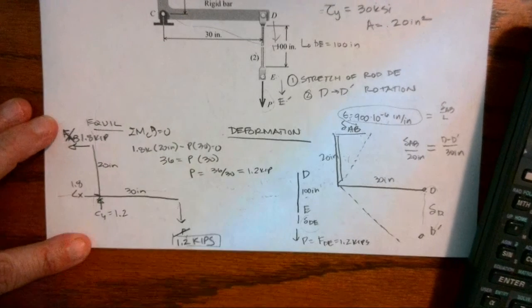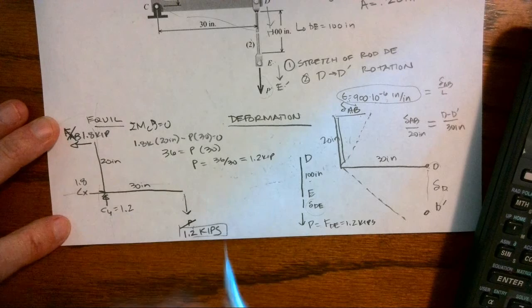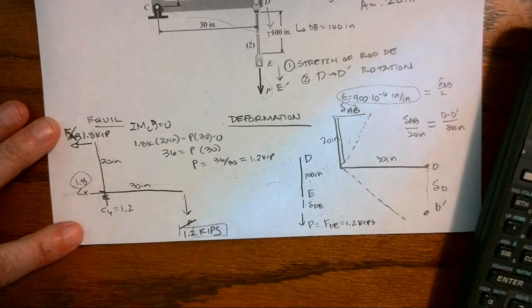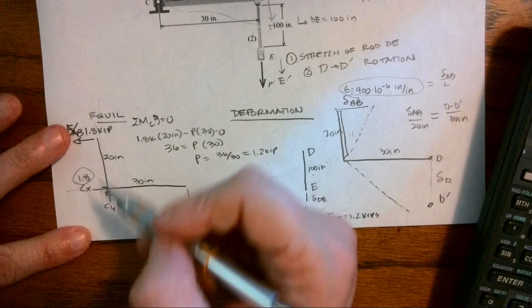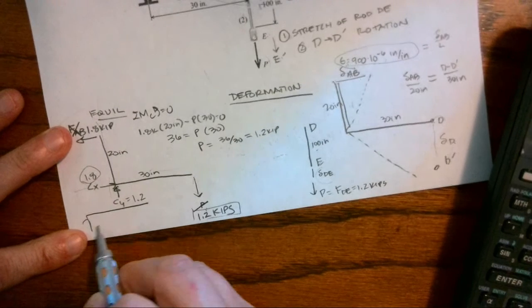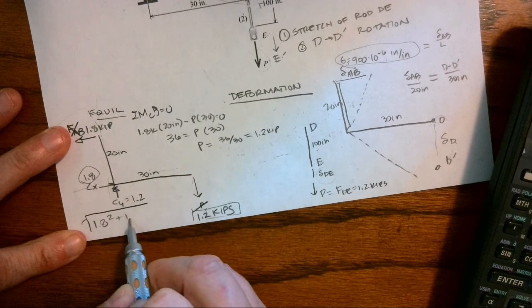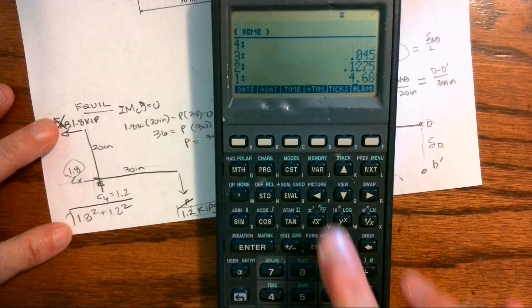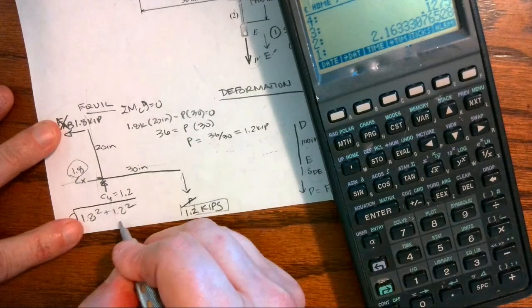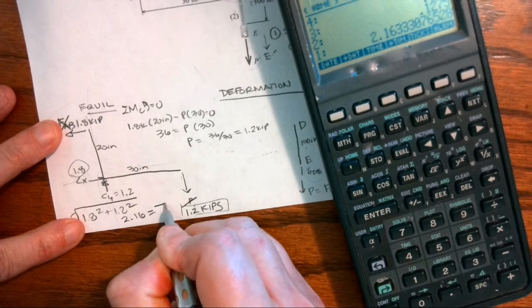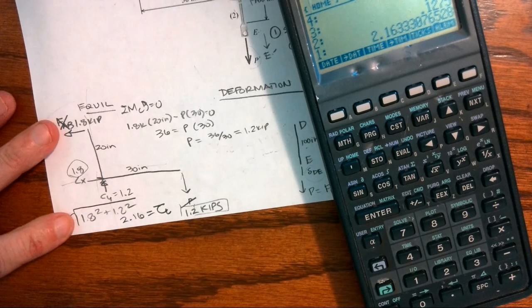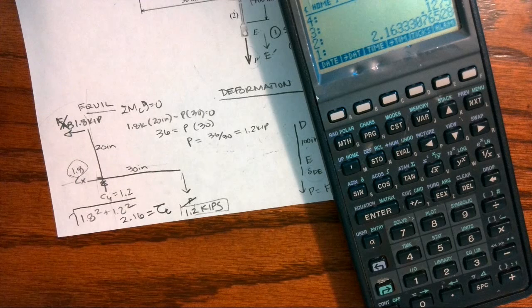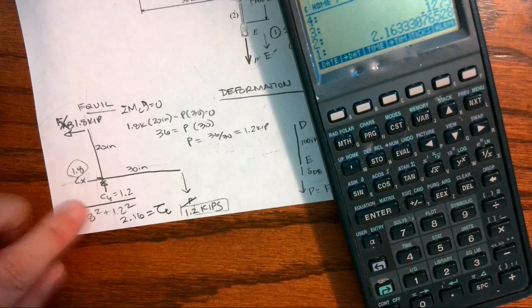Okay, so those are both large numbers. Please don't just pick one and call that the actual shear force, because the shear force is the magnitude of 1.8 squared plus 1.2 squared. And we get 2.16. That is the shear force acting on C. It's actually the magnitude, and I have to take both the components because our components don't just magically break up.